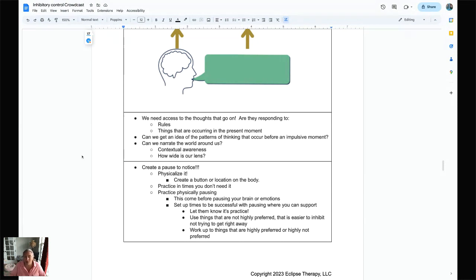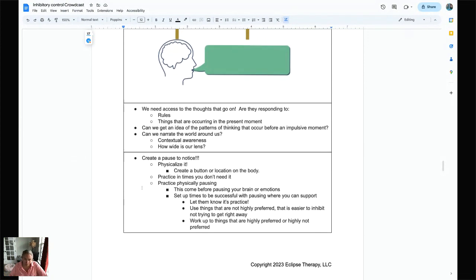So try to think about things that are neutral or non-preferred to practice with so that your individual's being successful. And then work your way up to those things. We know we're not going to be able to avoid highly preferred things, but if you can work on things that bring less of an emotion load, you're probably going to see a little bit more success more quickly.